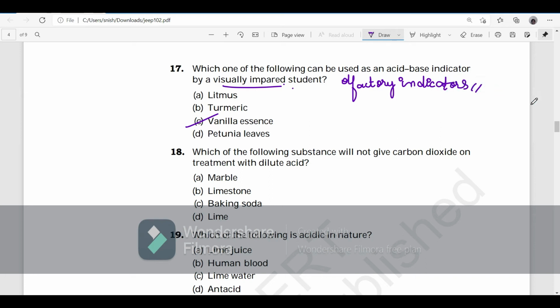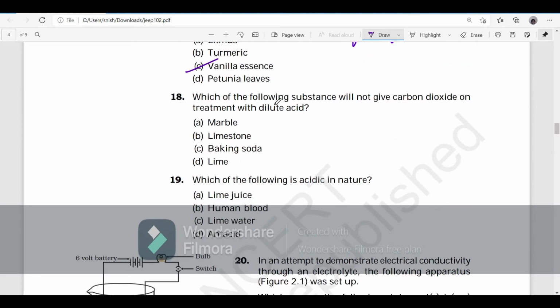Now, which of the following substances will not give carbon dioxide on treatment with a dilute acid? Is it marble, limestone, baking soda, or lime? If you see the first three options, they have carbonates.